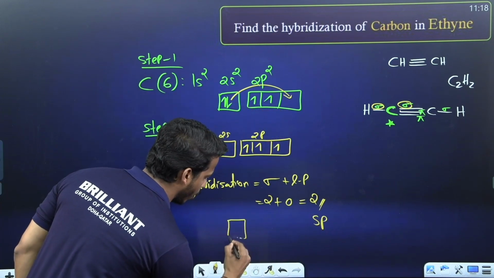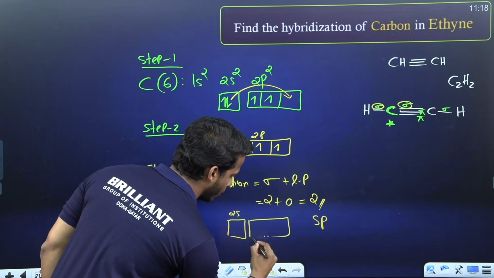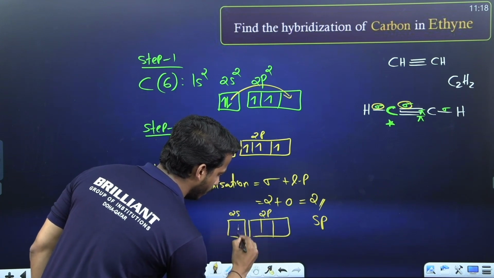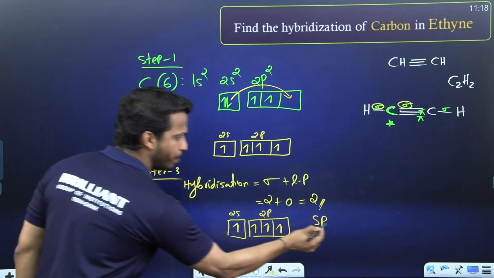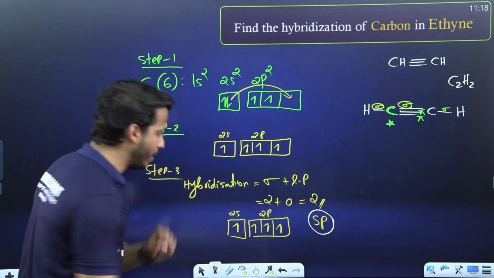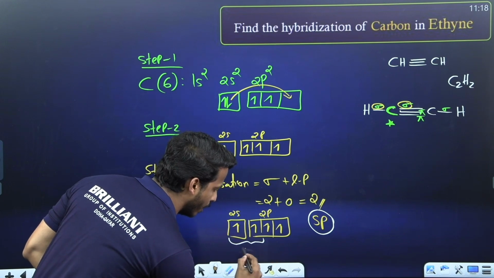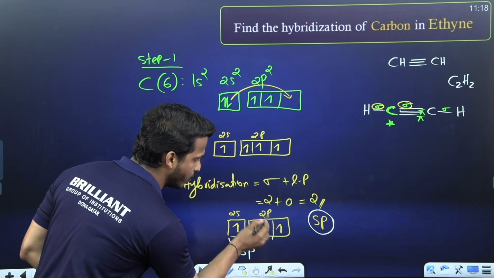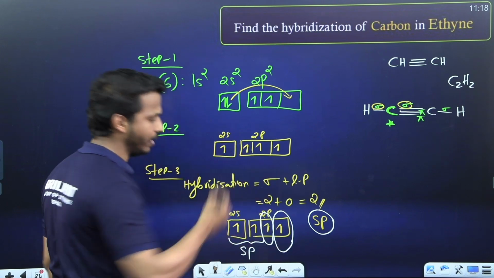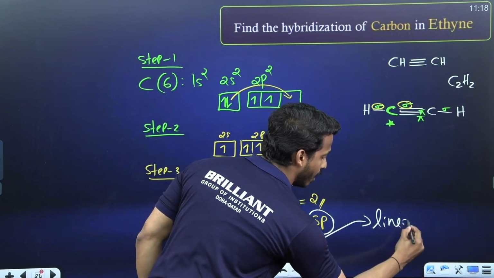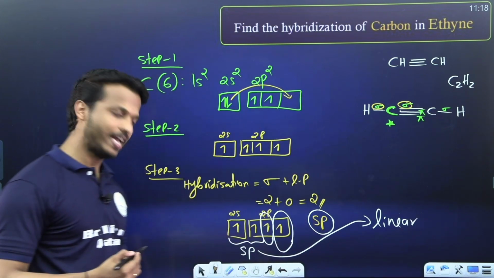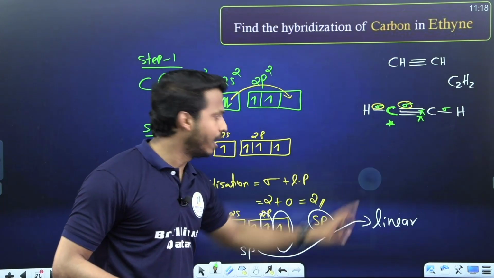How to get sp? Let me write 2s again, 2p again. Alright. So 2s orbital, sp, right? s and p orbitals mix. This is s and this is 1 p. So sp orbital. Hope you see that 2 p orbitals are free there. You know, sp hybridization means the structure is what? Linear shape. Yes. So by maintaining the shape, let's draw the diagram.